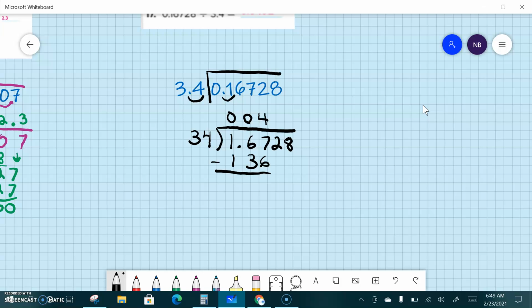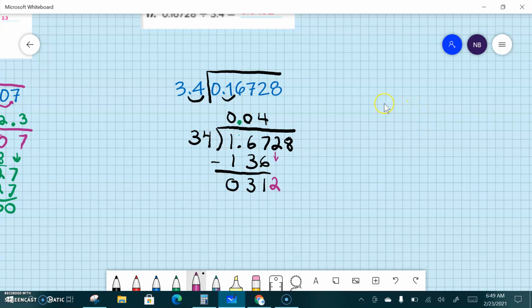Now we subtract. 7 minus 6 is 1. 6 minus 3 is 3. And 1 minus 1 is 0. And our decimal is right here, so we're going to put it right on top, right above where it's at. Then we have to drop the 2 down. Let's change colors. 2's coming down.